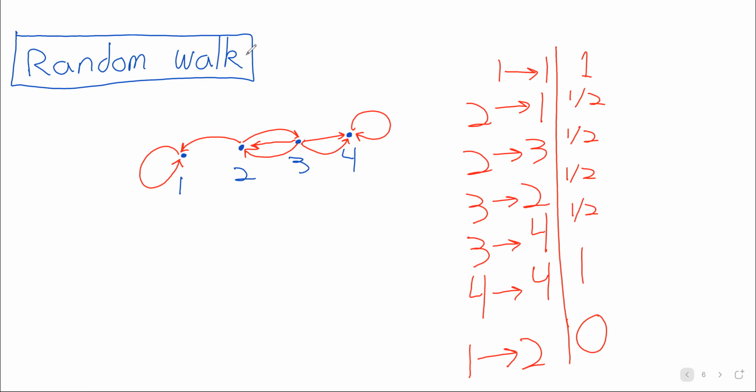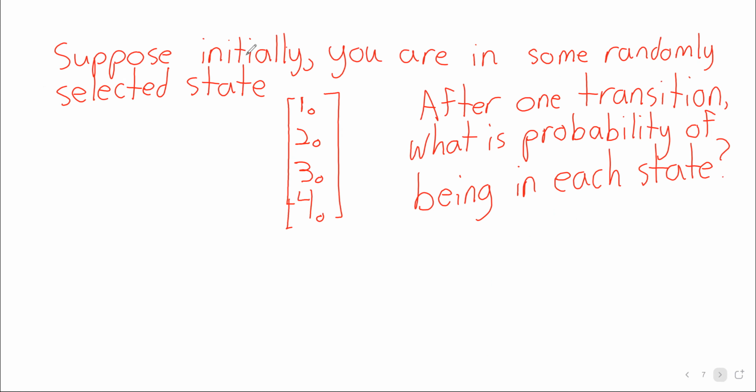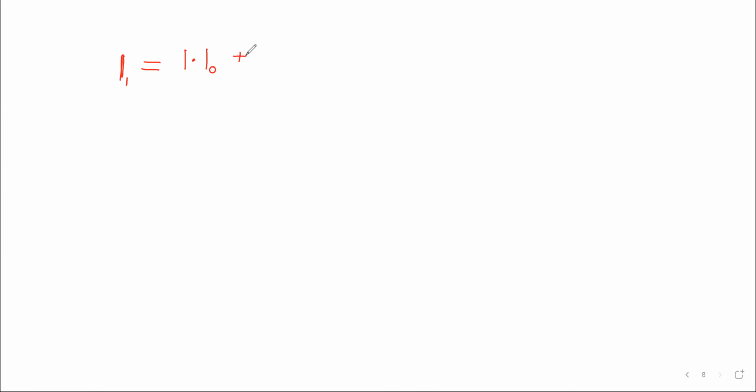Yes, we could start in state 2 and transition into state 1. The probability that we start in state 2 is p2 sub 0. The probability that we transition to state 1 instead of state 3 is 1/2.